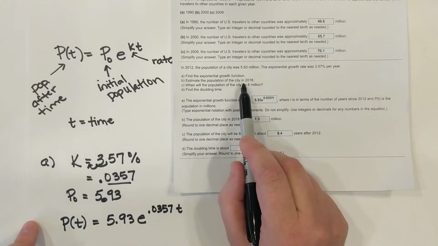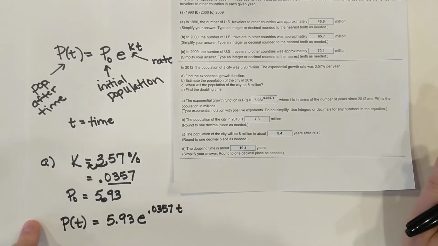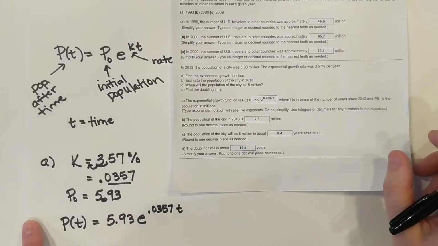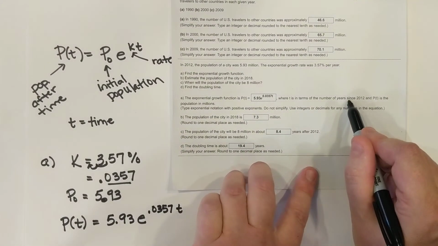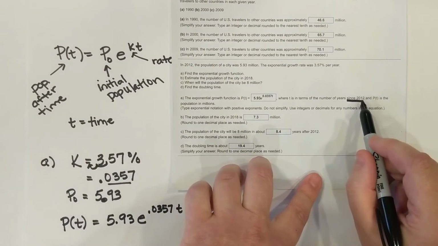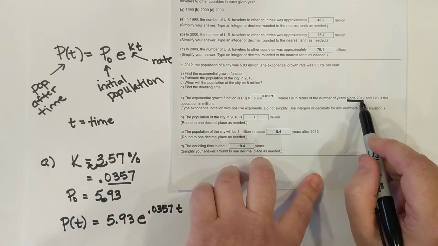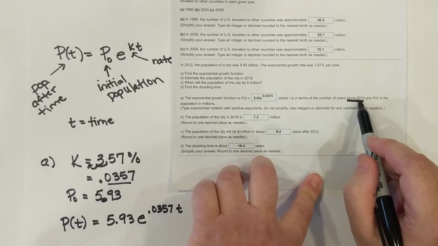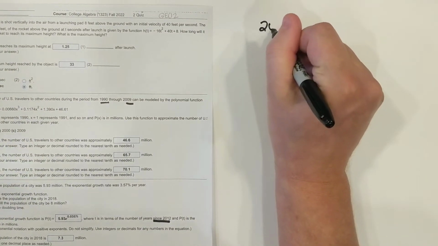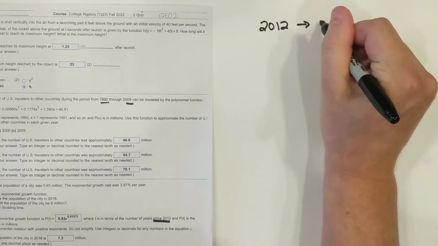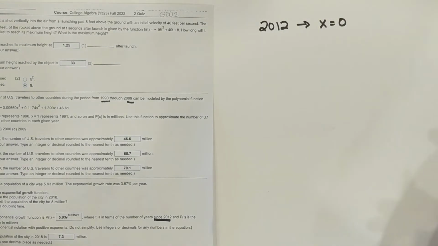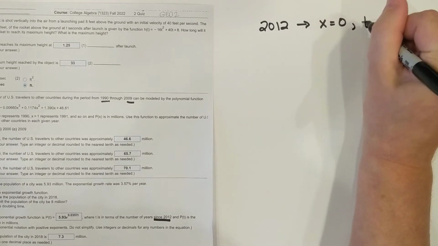Estimate the population of the city in 2018. All right, so we need to look at this. This represents the time starting in 2012. Okay, so in 2012, that means x is 0, or t, we're using t, so t would be 0.